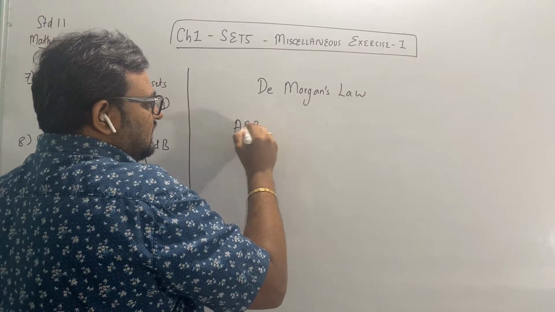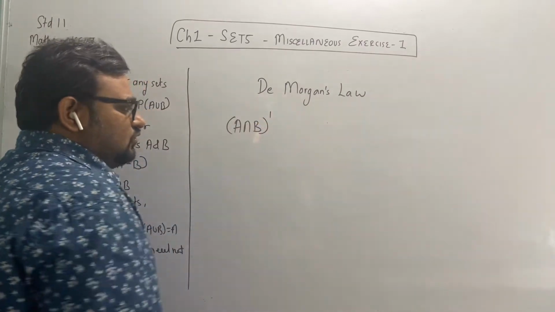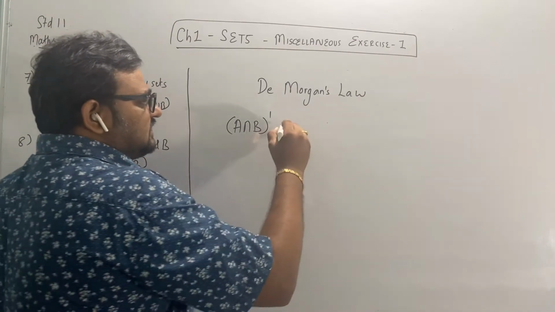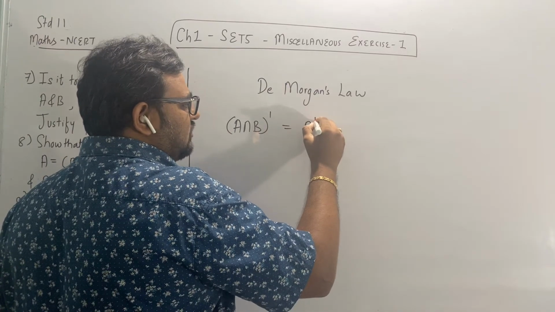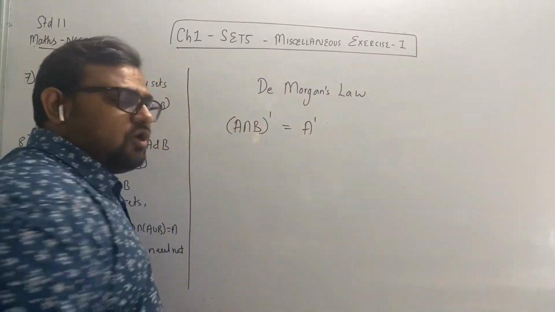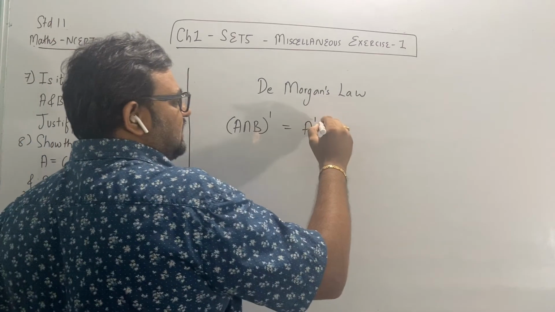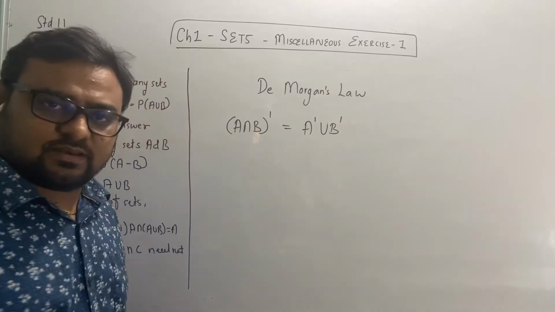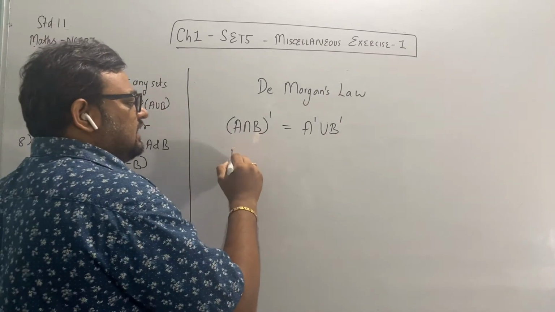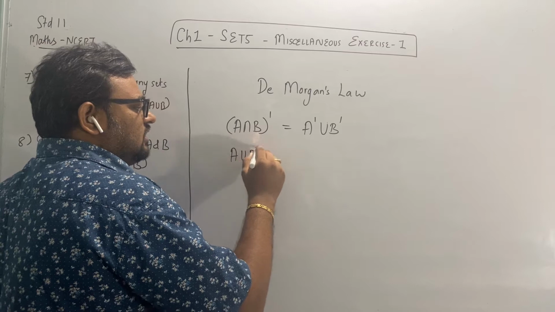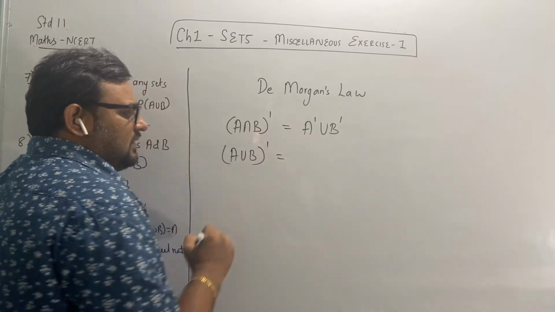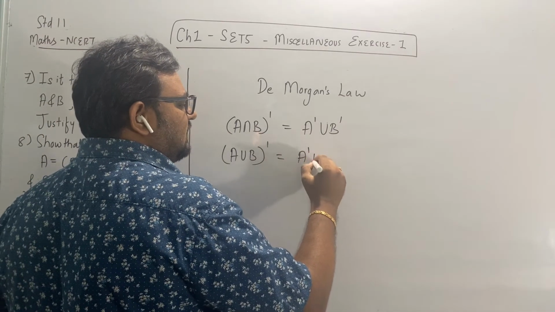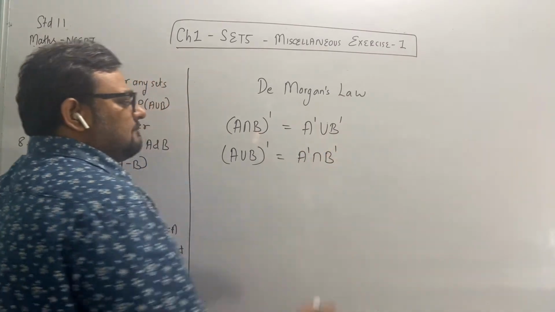It says that (A union B) whole complement will be equal to A complement intersection B complement. And (A intersection B) whole complement will be equal to A complement union B complement.